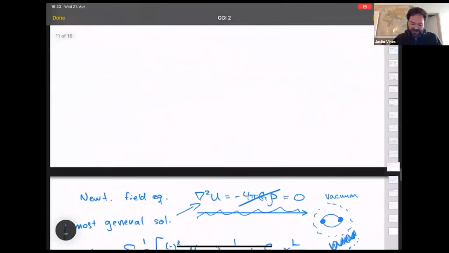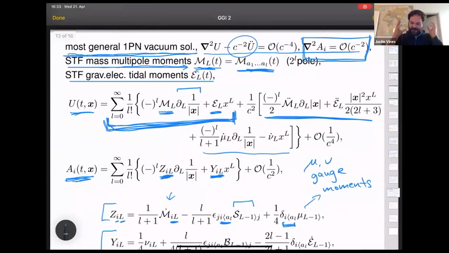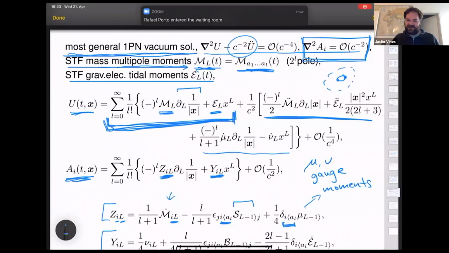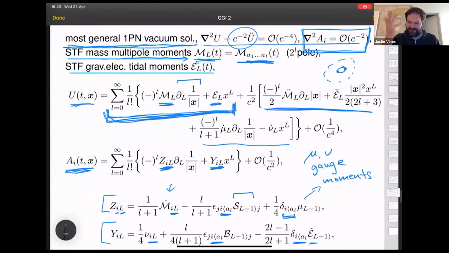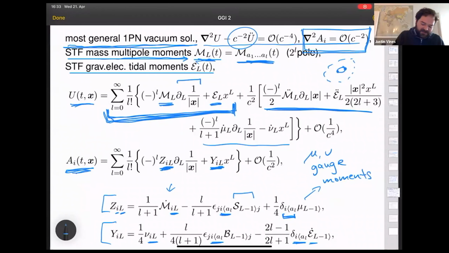But the point here is, okay, now I step back from my system. I have my binary inside, but I go in the vacuum region outside it. And what is the important summary of the information in the gravitational field? So my claim is that it is these multipole moments. I can take those solutions to the field equations that I had before in terms of the world lines, and I can essentially expand them as R is large.